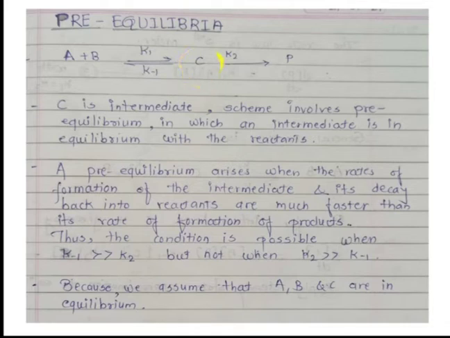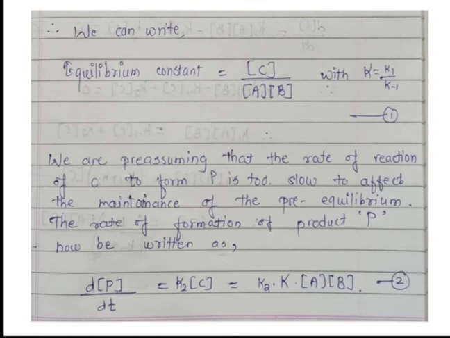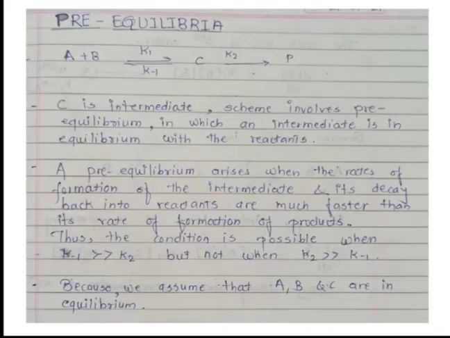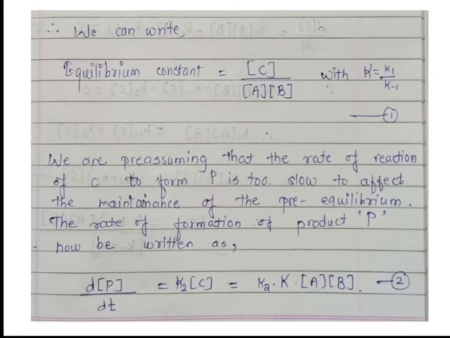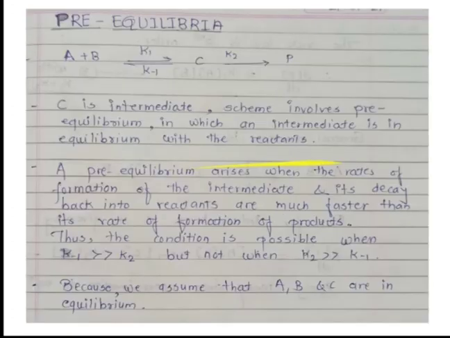Here C is the product and A and B are the reactants. Therefore, the equilibrium constant K is the concentration of C divided by the concentration of A and the concentration of B, and it is equal to K1 divided by K minus 1. This is our equilibrium constant, because C is formed with rate K1 and A and B are formed with rate K minus 1.